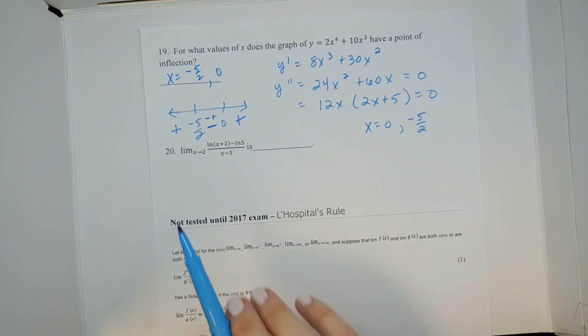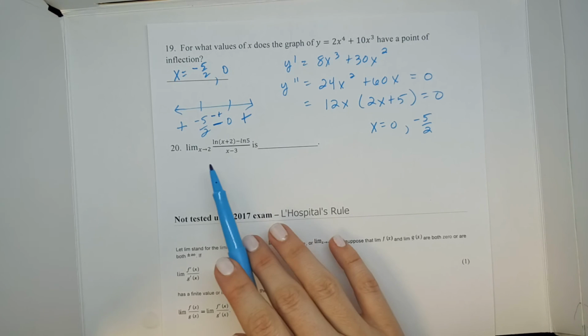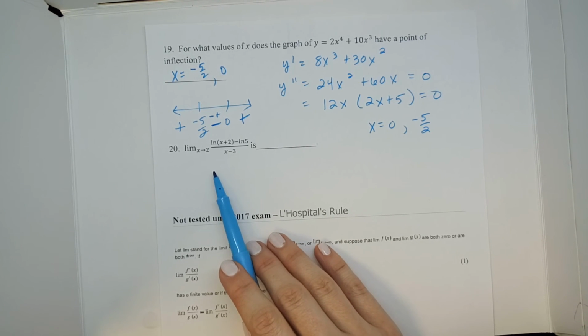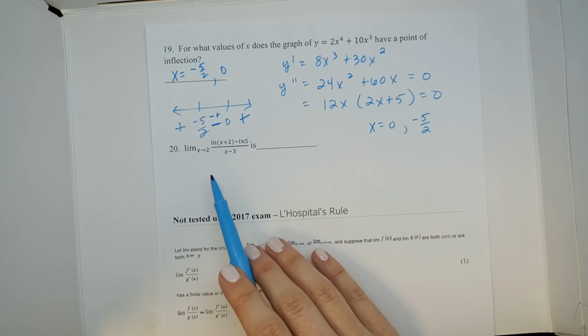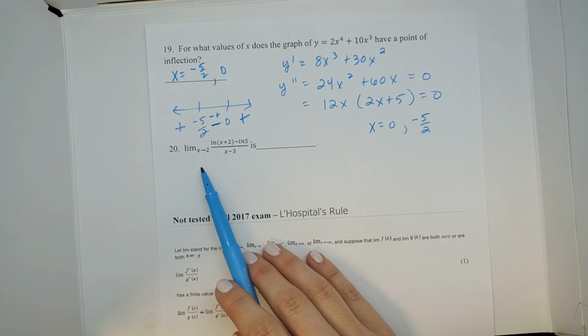Okay, on number 20, we have a limit as x approaches 2. This question is actually not going to be tested on your exam this year, but it will be tested starting in 2017. So this was on one of the exams in the past as a field question. You still want to get it if you can, okay?